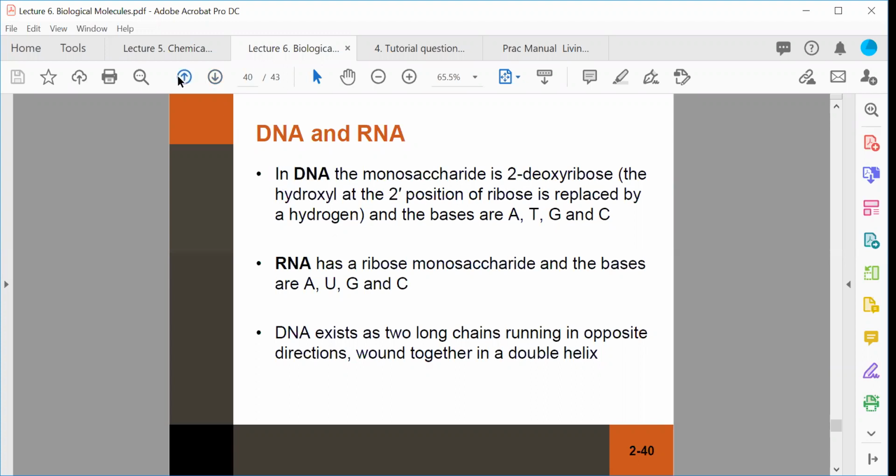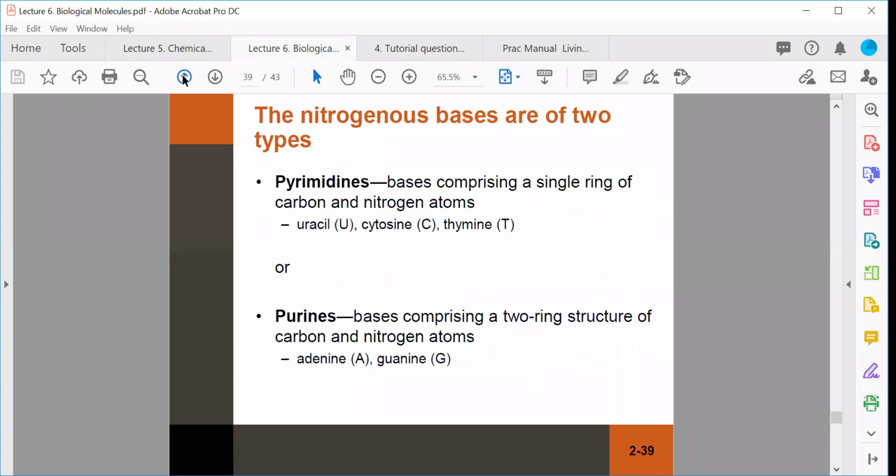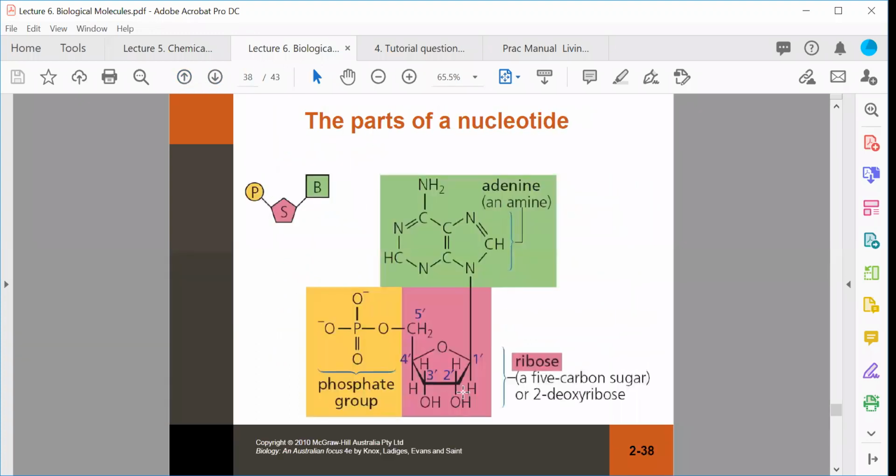Okay, let's look at that. So if it was 2-deoxyribose, here we go. So here's the number 2. This OH, which is called a hydroxyl, would be simply a hydrogen if the sugar was 2-deoxyribose.